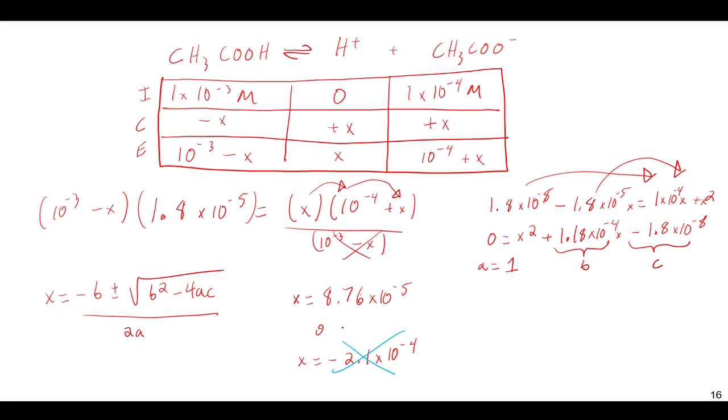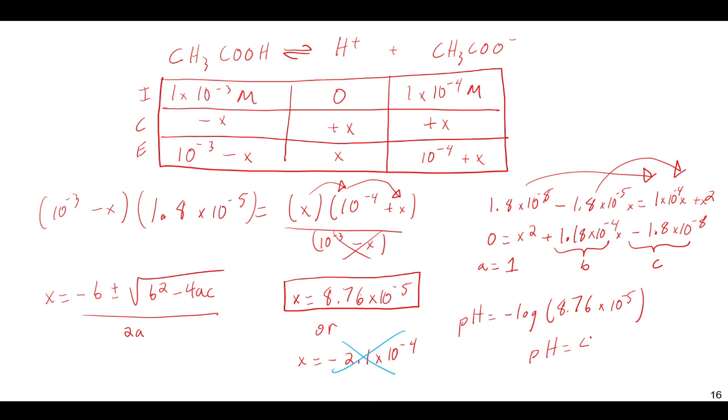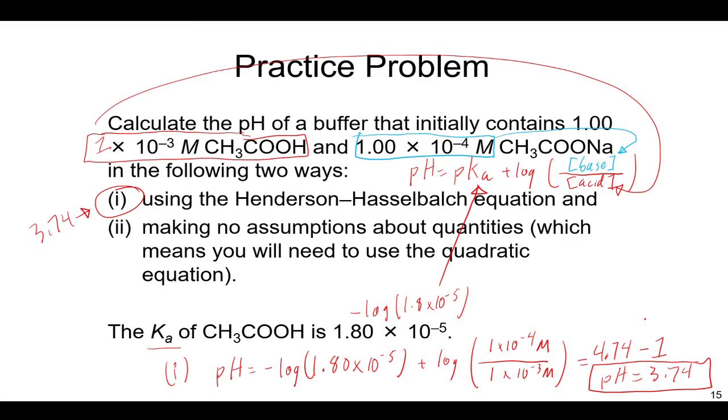The x value we want is here. Calculating the pH, it's negative log of this number, negative log 8.76 times 10 to the negative 5, and that gives me a pH of 4.06.